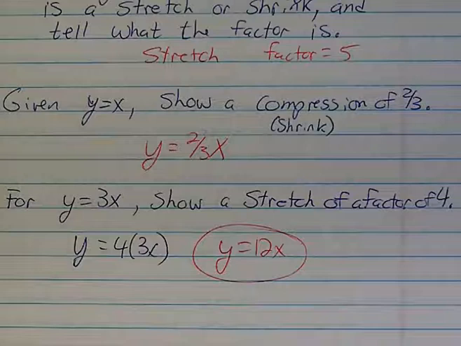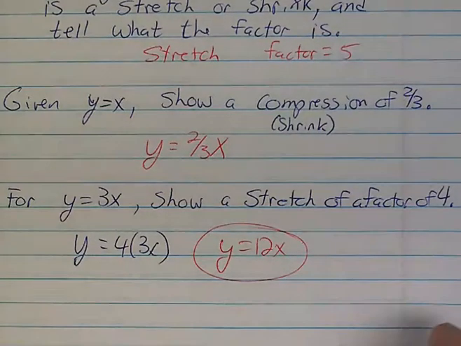Okay, here's where they're going to tie in the part with the negative, and this will be the last thing we'll do that still goes into the stretch here. Negatives, those are reflections. We'll do this on one last paper here.